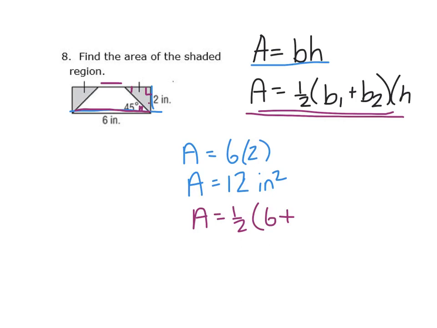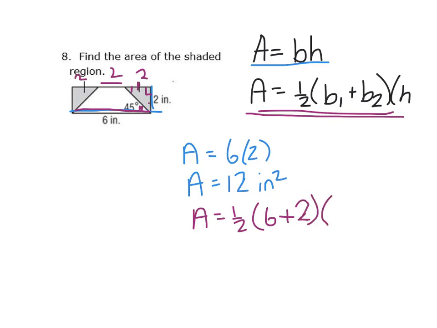So these sides are congruent, which means this is 2 units and this is 2 units. If the whole length of the rectangle is 6, we take off the 2's from both sides, and that leaves us with 2 units in the middle.